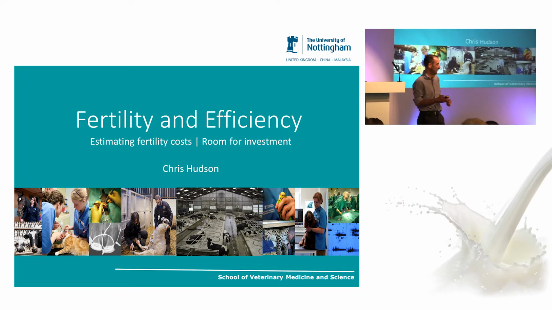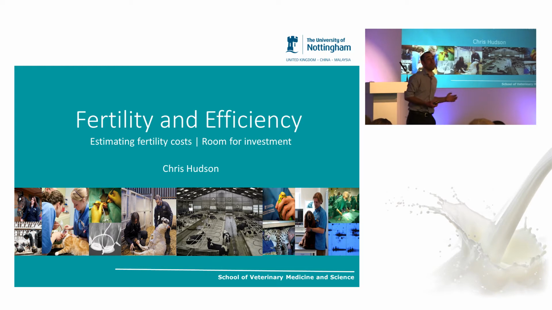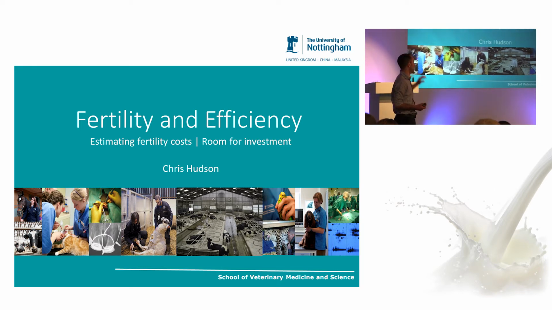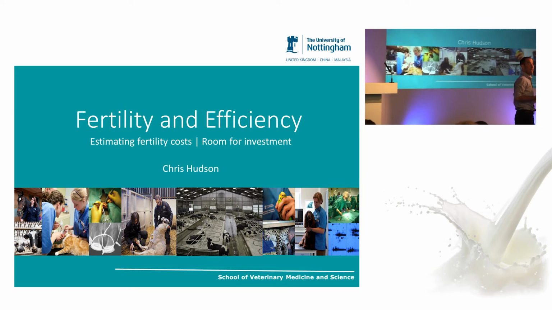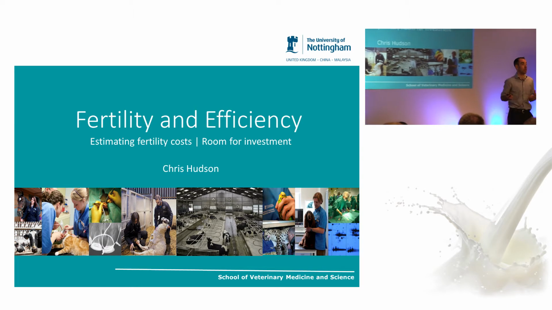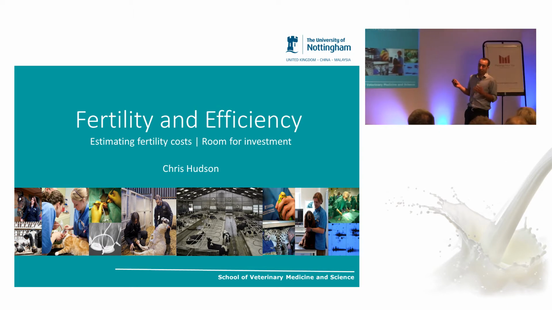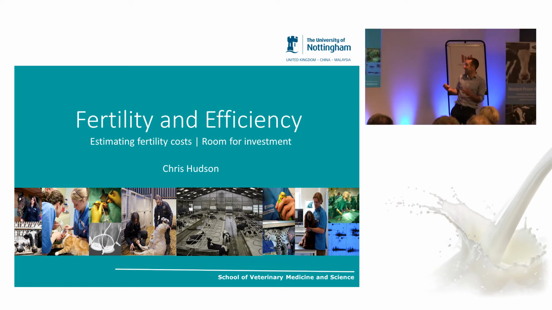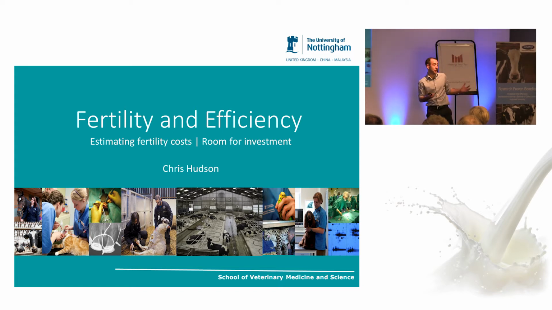That's kind of reassuring. Okay, so my brief for this afternoon's talk was to look at some of the evidence that exists about how we can associate fertility performance in a herd with economic benefit. So how is fertility associated with farm efficiency? Ultimately, for fertility, really that drives investment decisions.